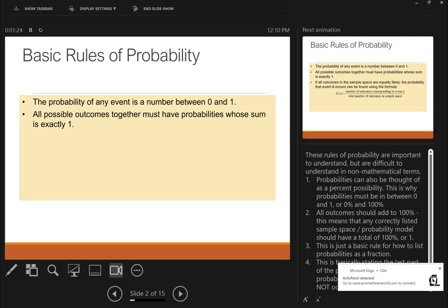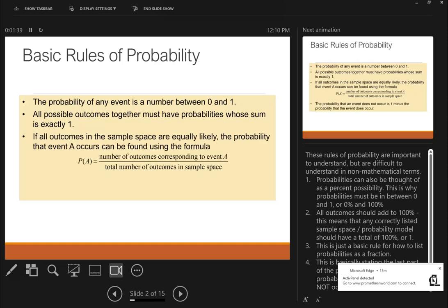All possible outcomes together must have probabilities whose sum is exactly 1. So if I add up everything in the sample space, all the outcomes, I should get the same number of outcomes as there are elements in the sample space. To calculate a probability, you just look at the number of outcomes corresponding to event A divided by the total number of outcomes in the sample space.